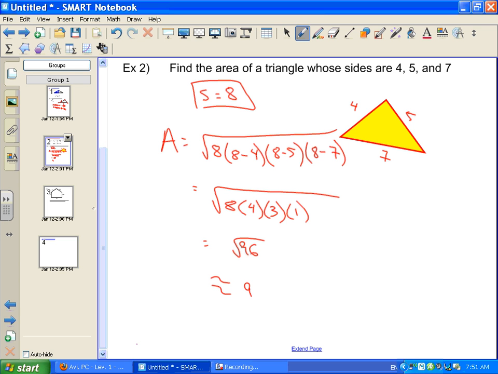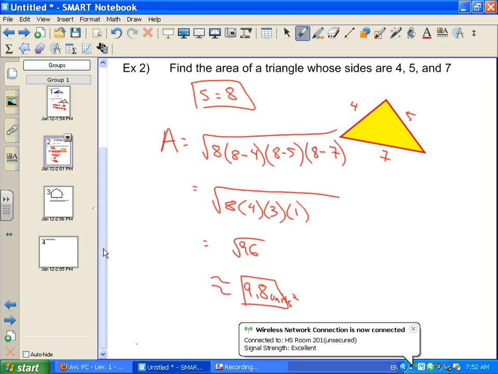Oh, that was a complete guess. Oh, good guess. Good estimation skills, sir. 9.8, and then they didn't give me any units on this one, so squared units because it's area.